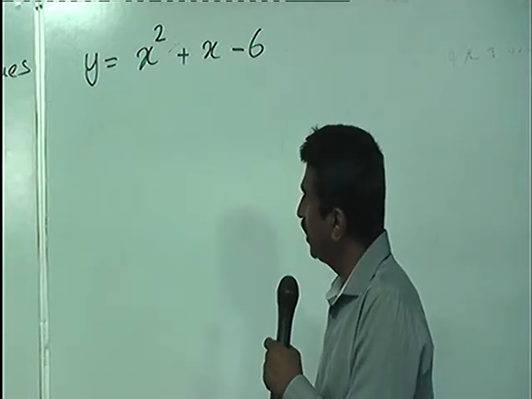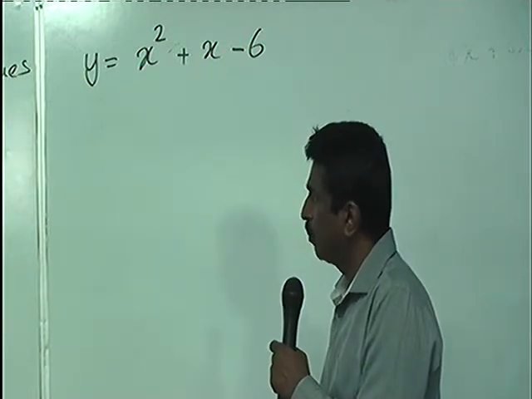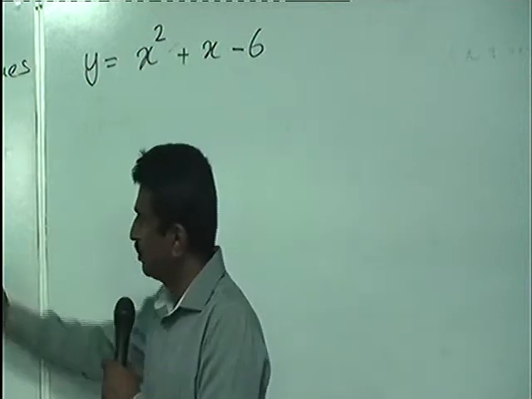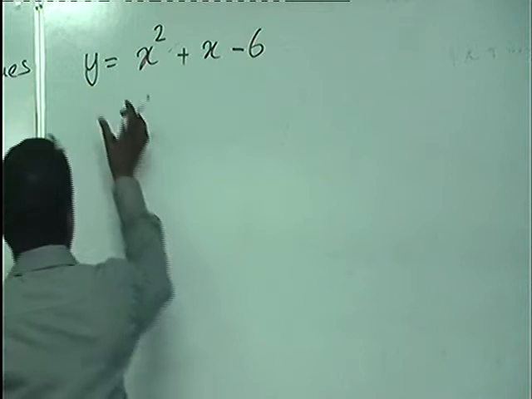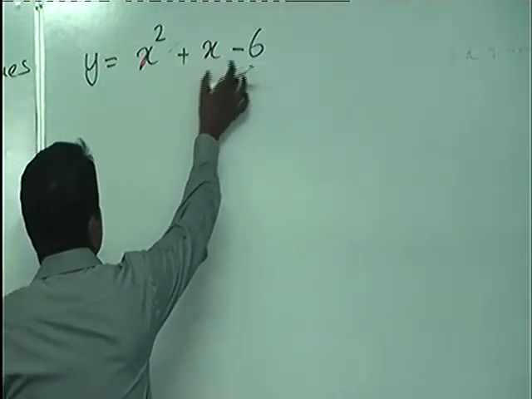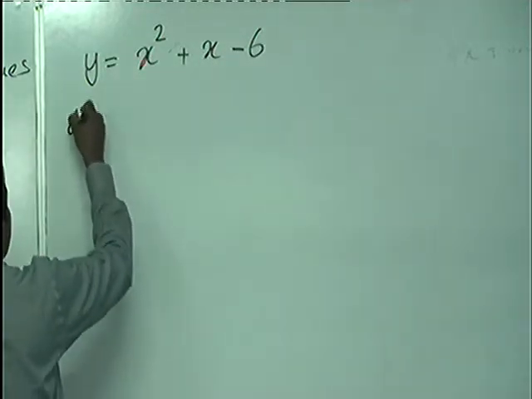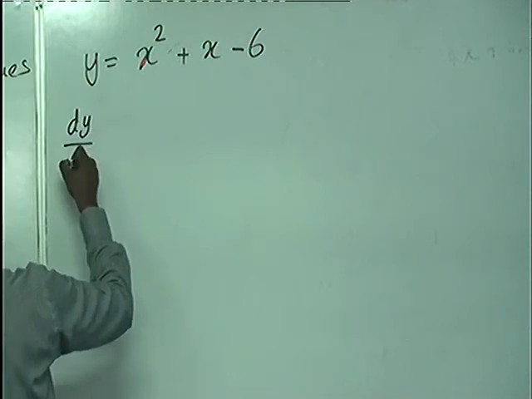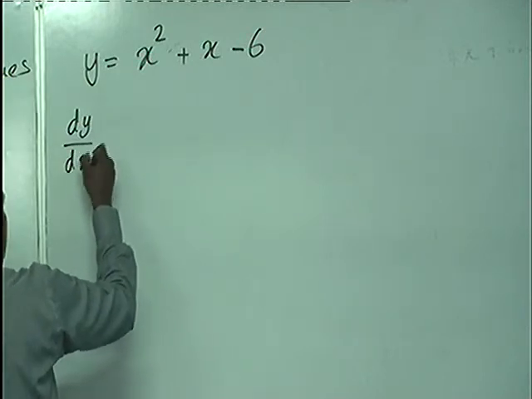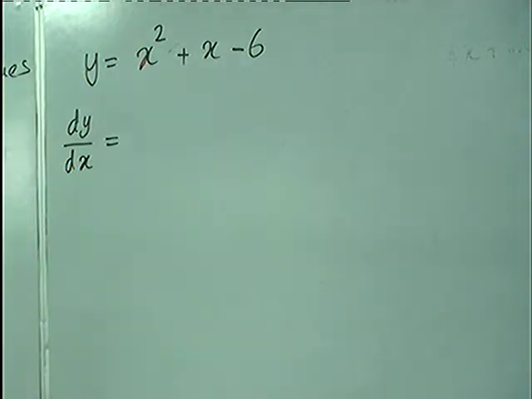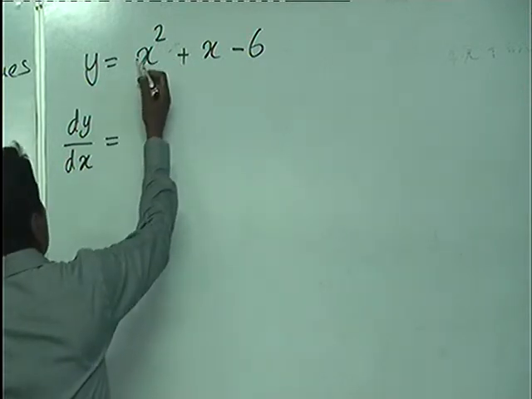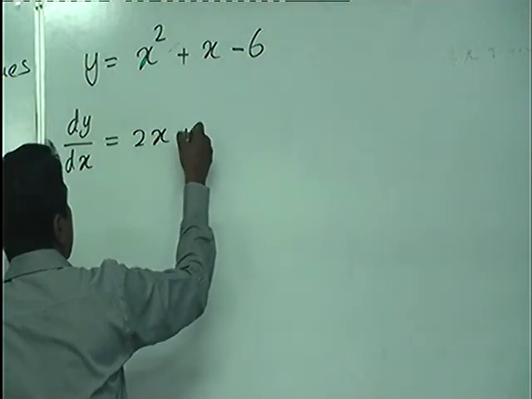I need to put some theory here; don't write, just look at the board. Now y is equal to x^2 plus x minus 6, a very simple function. I am going to differentiate because I want to find the maximum or minimum points. So dy by dx equals, when you differentiate this, 2x plus 1.